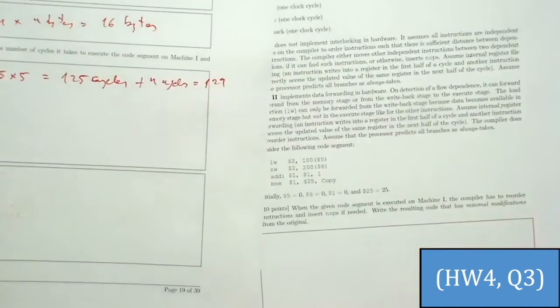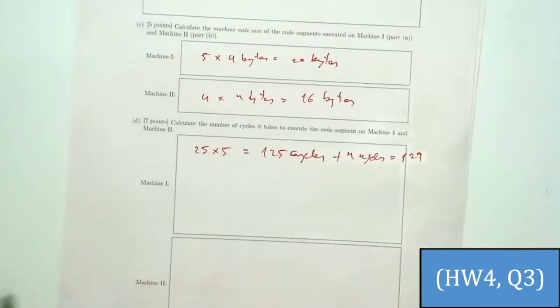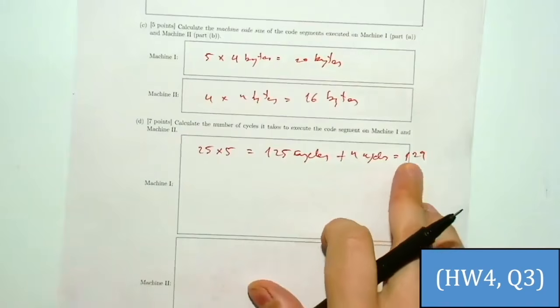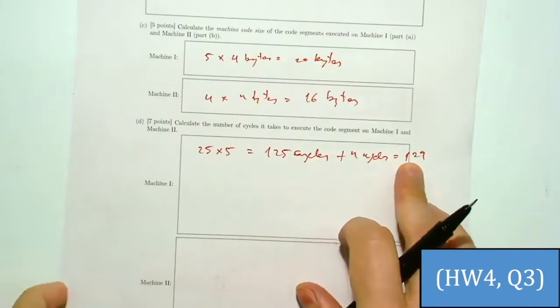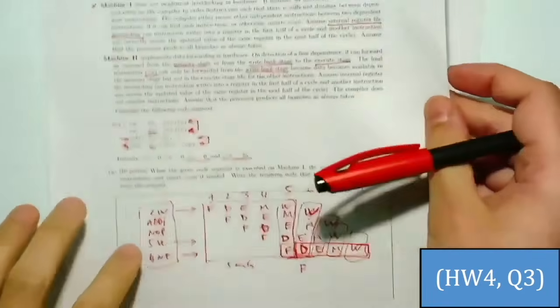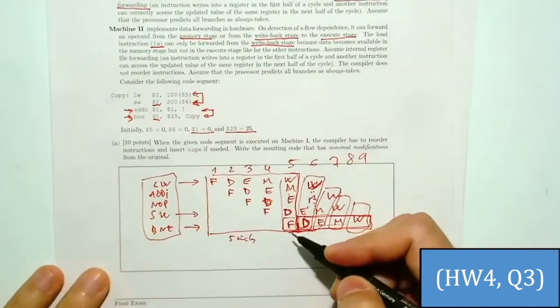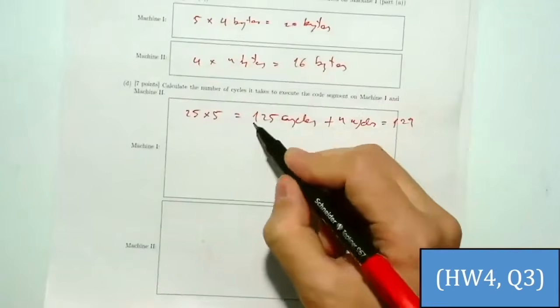Yes. The question I had before was about this exercise with the 129. This is computed by, you have 125 cycles, which are cycle repeated. So these are actually instructions, right?